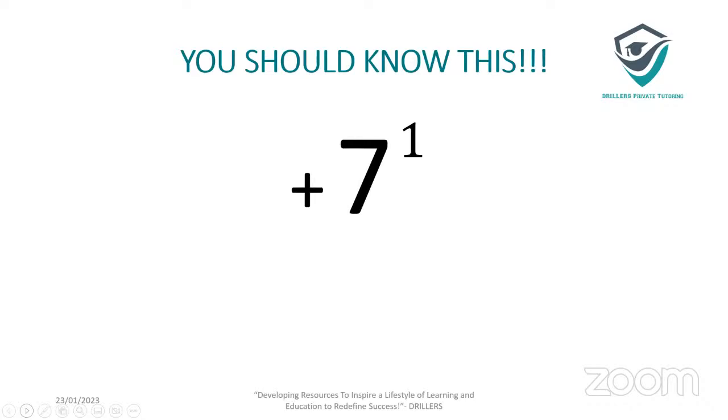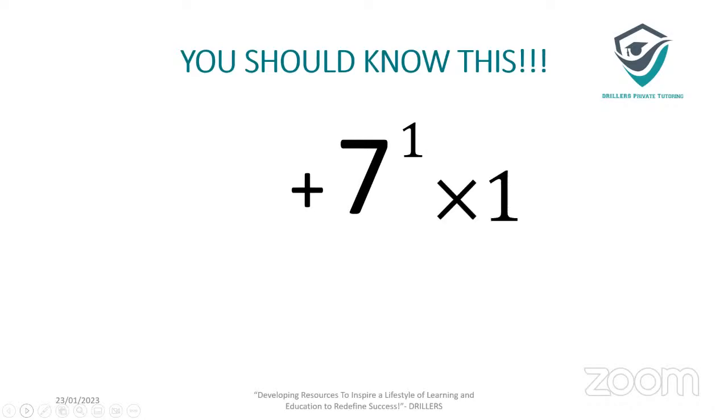So 7 to the power of 1 is the same as saying 7. That is why we don't write that power 1 at the top. If we have a million and raise it to the power of 1, it remains a million. That is why when we write numbers naturally, as we learned about natural numbers last week, we don't put that power of 1, because it's understood that any number to the power of 1 is itself.